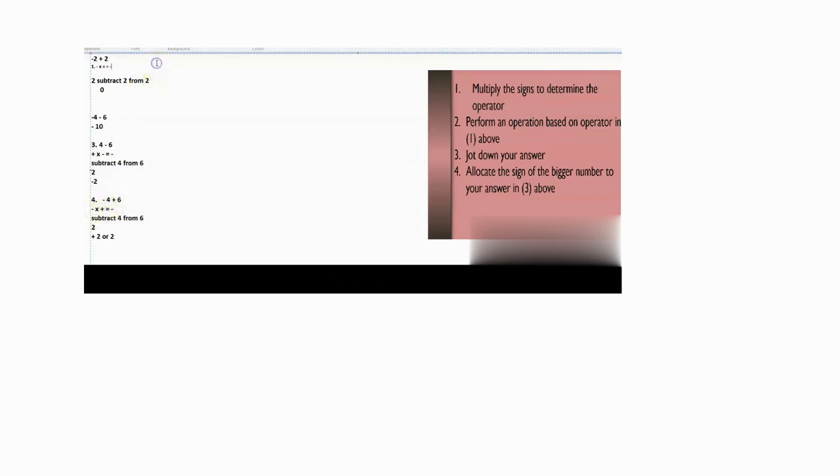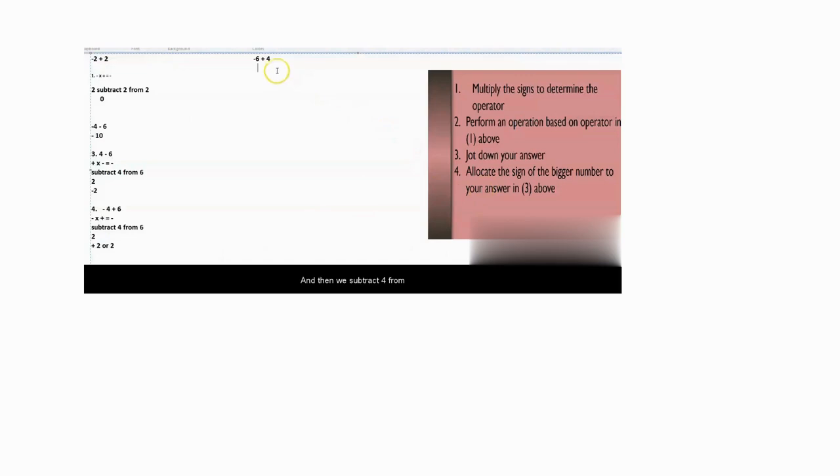That's number 5 now. Minus 6 plus 4. So it's going to be minus times plus, which is minus.